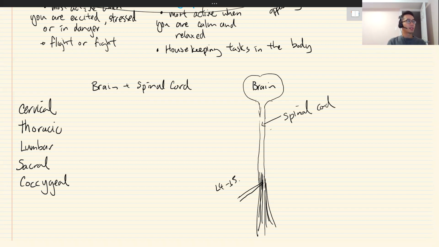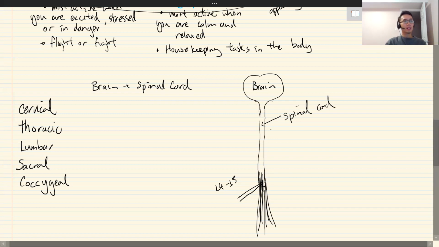Any mothers here? Why would we stick a needle in here? Okay, meningitis, yes. For people who potentially have meningitis and you want to verify it, you can take a little bit of the fluid from the spinal cord and culture it to see if there's bacterial meningitis or something like that.